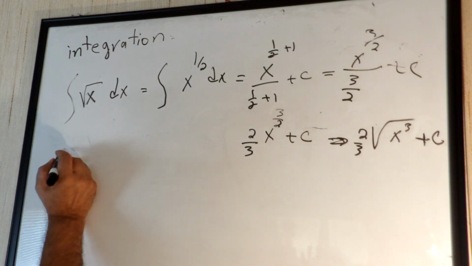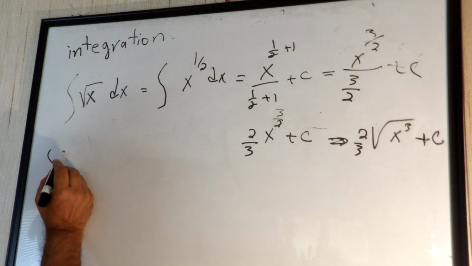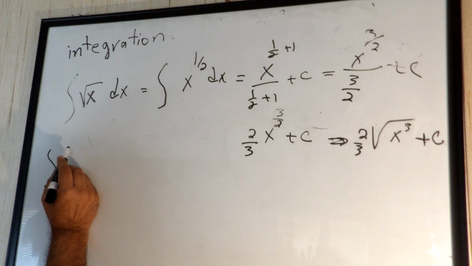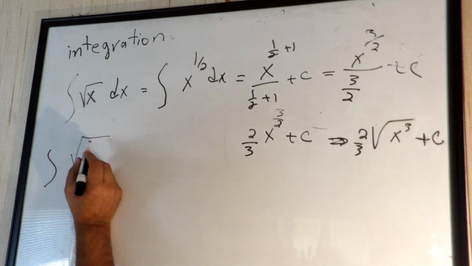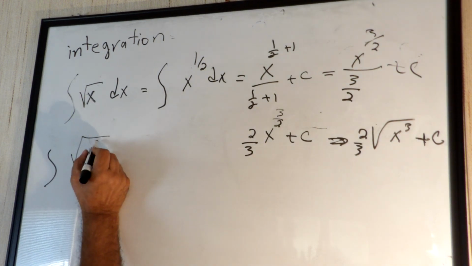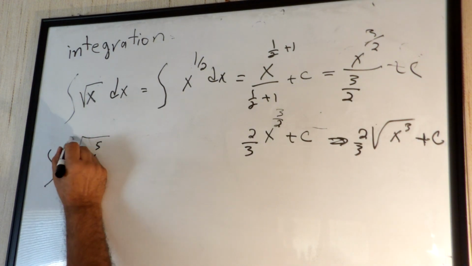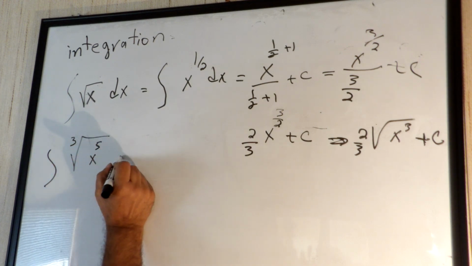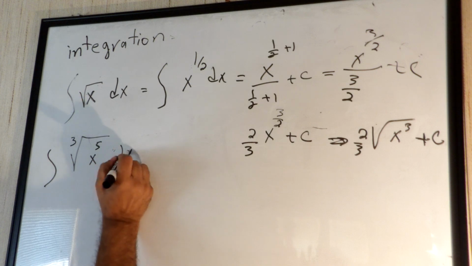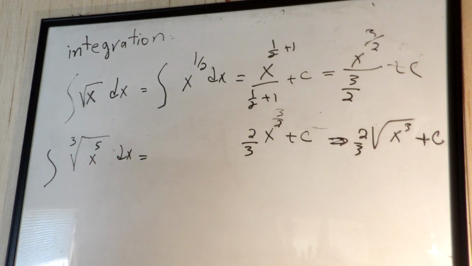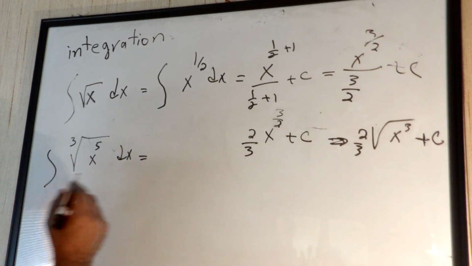If you have the radical of x to the 5, with index 3, dx. The dx is always in front of it, because we are going to get the integration of this.